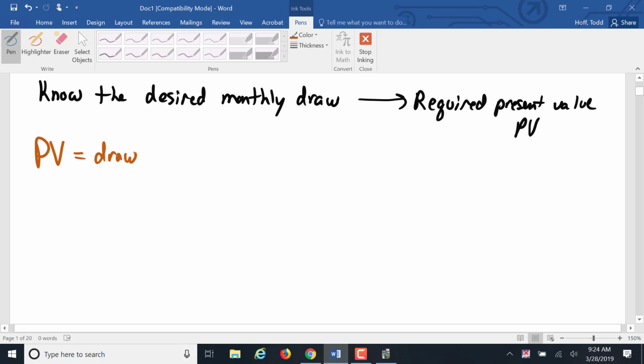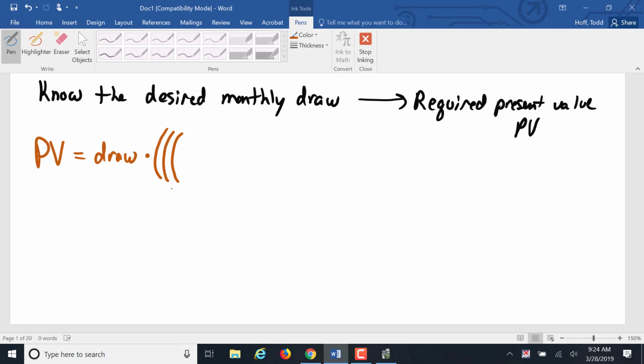is equal to that regular draw times, now just like in the accumulation formula, there are 3 open parentheses here. Again, I'm going to write this as you would punch it into the calculator, so it's not necessarily in proper mathematical form, but it is in the sequence that you would enter it into your calculator.